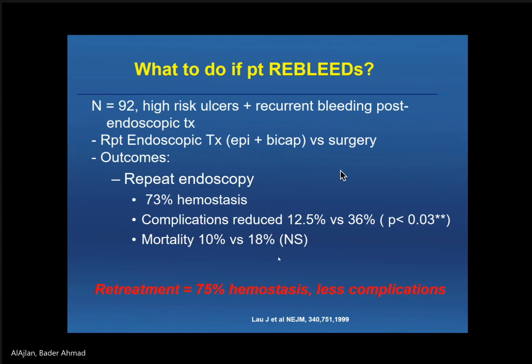They found that with endoscopy, they reached hemostasis in 75% of the cases, and there were fewer complications. So our recommendation: if the patient bleeds again for the second time, then we go for endoscopic therapy. But if he bleeds for the third time, then this time we need to refer him to either interventional radiology or surgery.